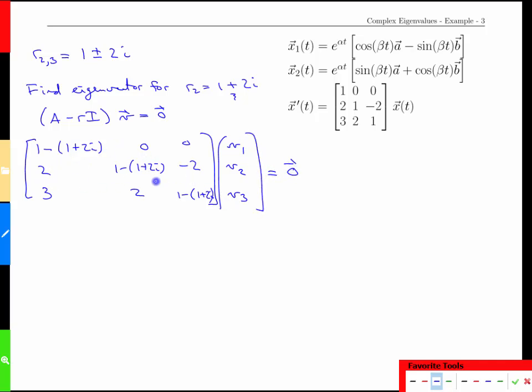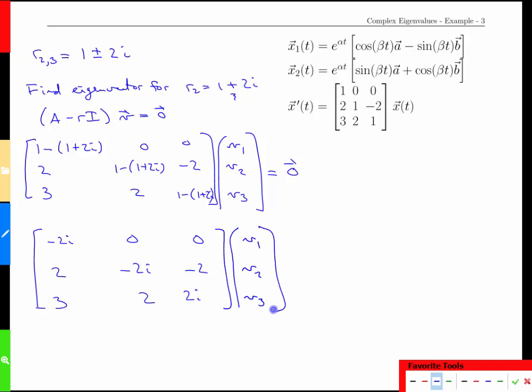Again, with complex roots, it's not necessarily obvious what cancels with what immediately, but we certainly do get a pattern of 1 minus 1s. So down the diagonal, we simply get minus 2i's, 0, 0, and 2, negative 2, 3, 2. Now this is actually nice, and maybe a bit surprising.